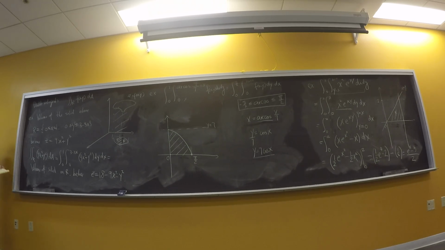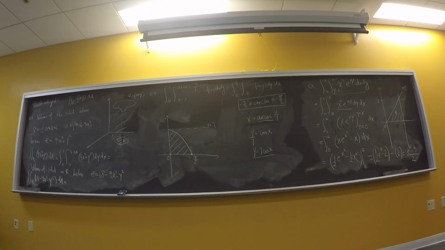So if I want to find the volume of the solid above this region, below this surface, what do I do? It seems to be a dumb question, but you're doing exactly the same thing. So you're taking the integral over R of 18 minus 9x squared minus y squared dA, and then you rewrite it in terms of the y simple region.